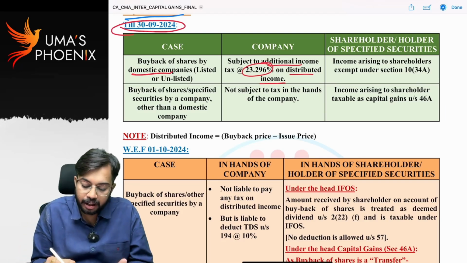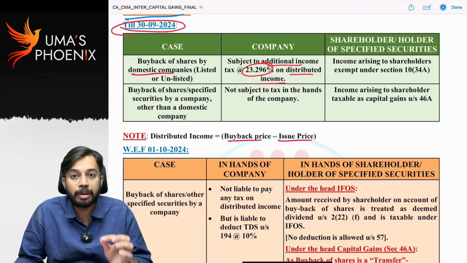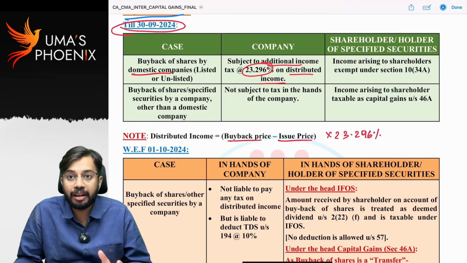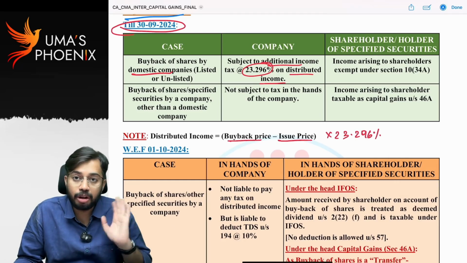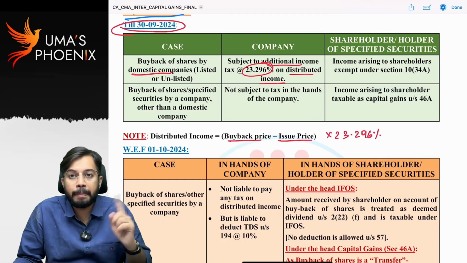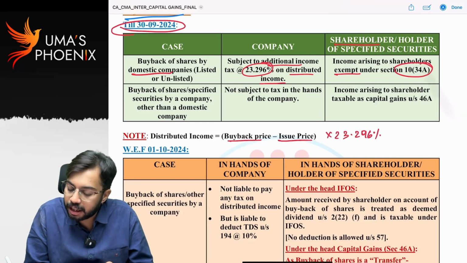What is distributed income? Distributed income is equal to buyback price minus issue price. On distributed income, company is required to pay 23.296% tax when before 1st October 24. And as company is already paying tax, in the hands of shareholders, that is fully exempt under section 10(34A).